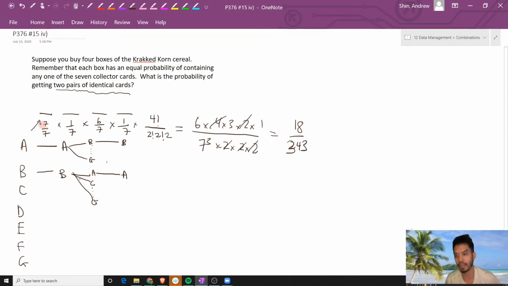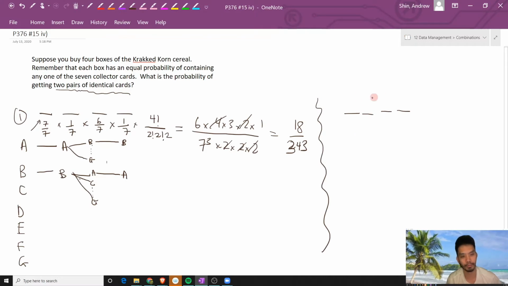All right, so that's method number 1. Method number 2 is, again, we have 4 slots, and we have to choose 2 of them for our A's. So there are 4 choose 2 ways of placing 2 of our A's, and for how we're going to place the B's, we just multiply by 1.